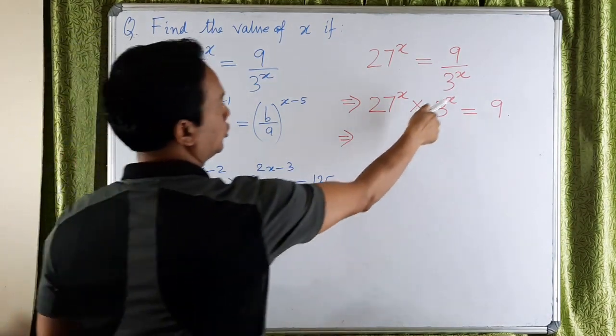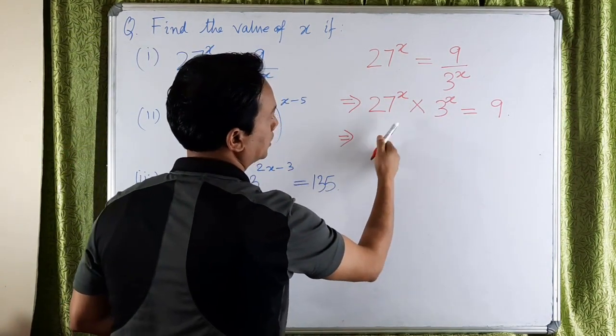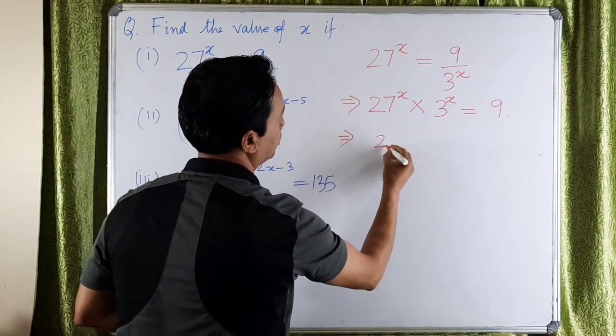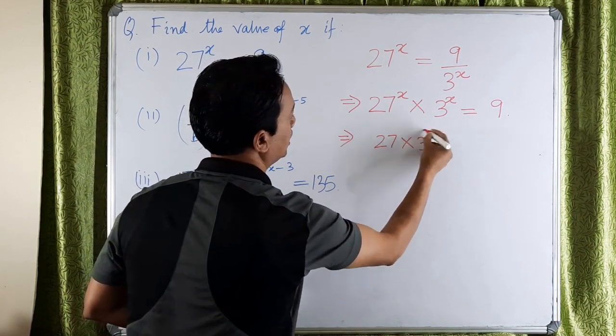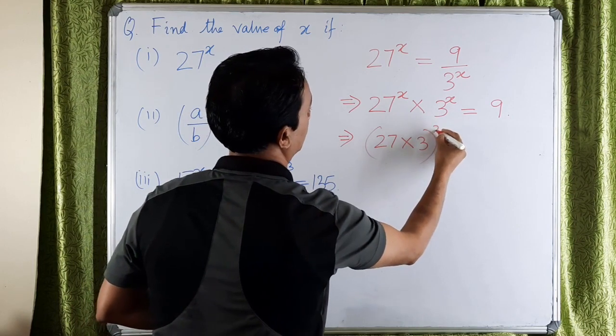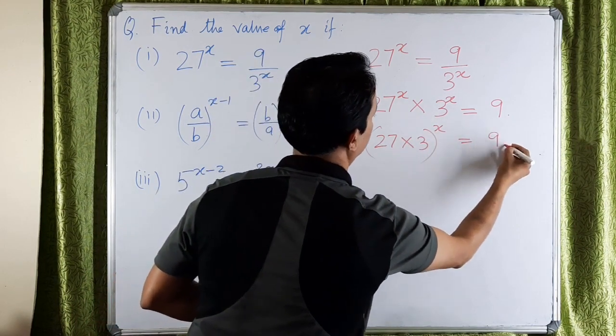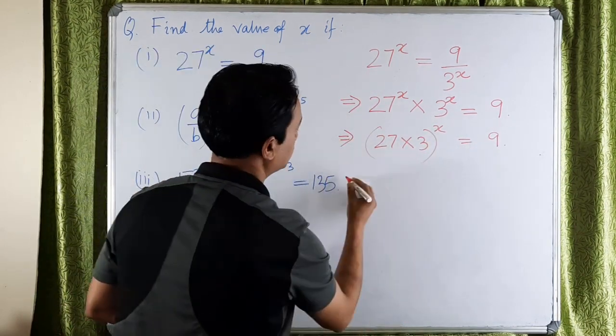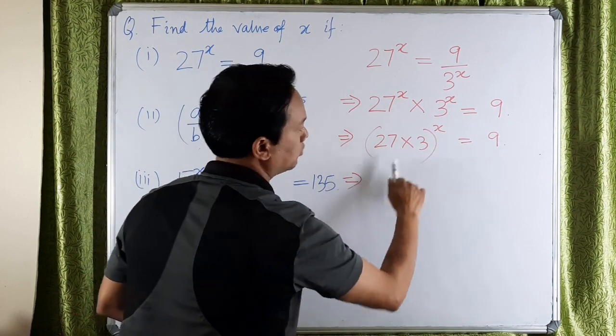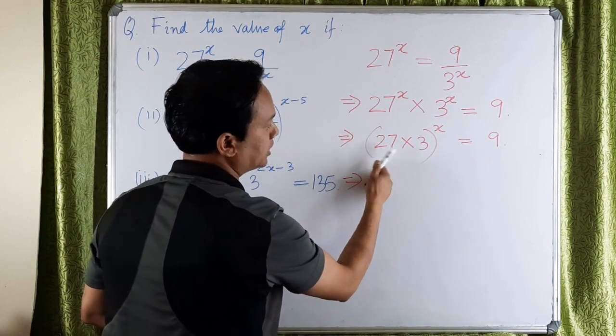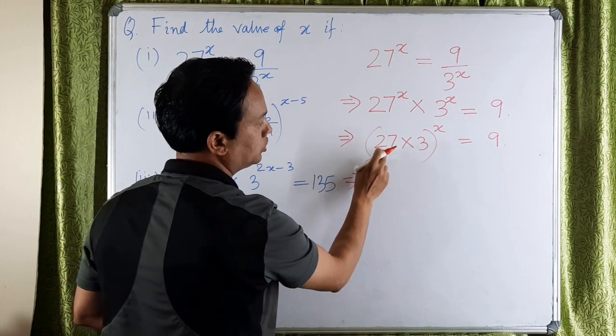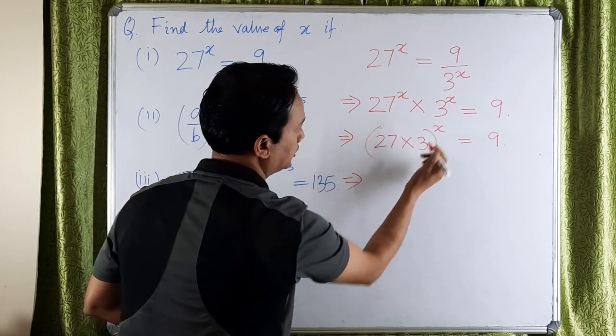Now, both of them have the same power. So we can write 27 into 3 to the power x equals to 9. Now when you have this type of sums, what you have to do is, both sides will make the base same. So 27, it's 3 cubed, 3 into 3 into 3. So another 3.